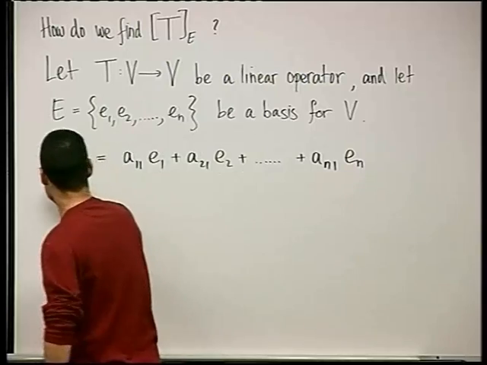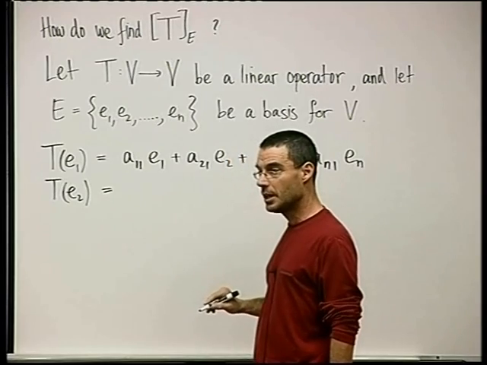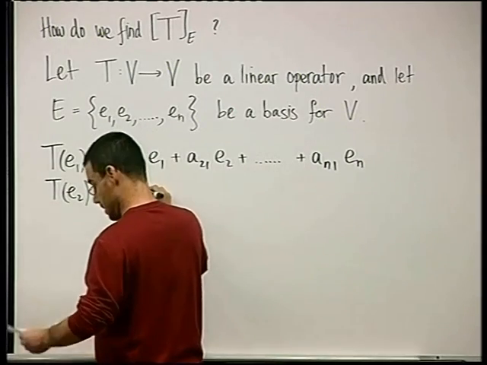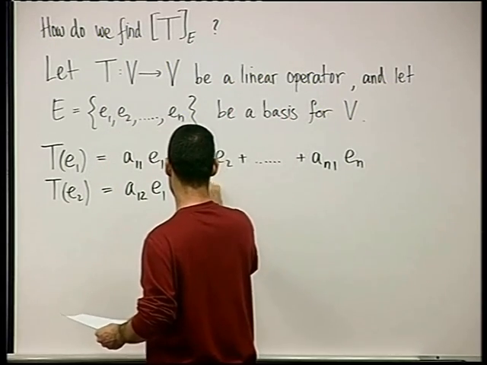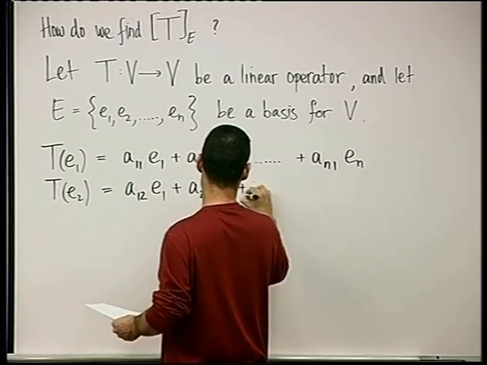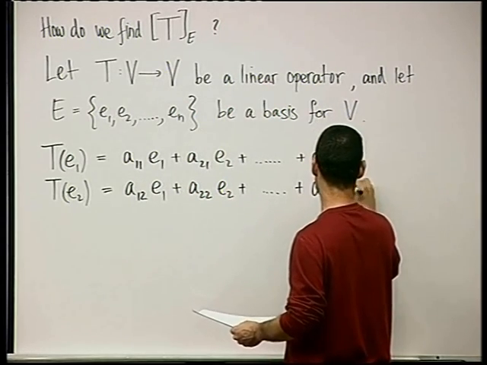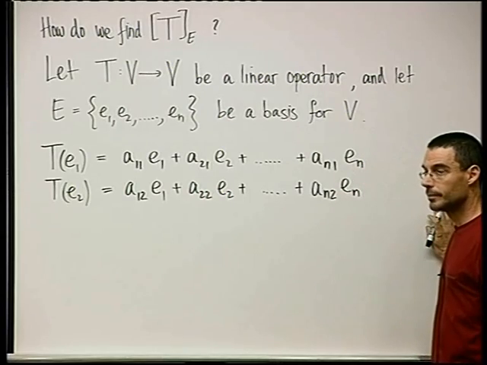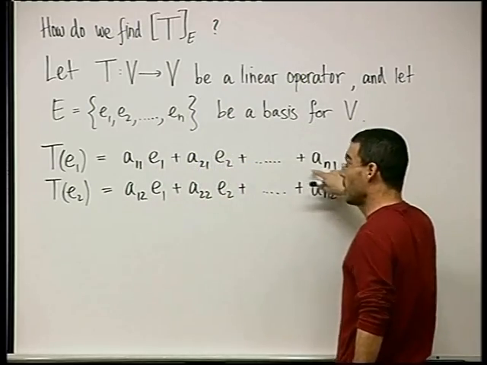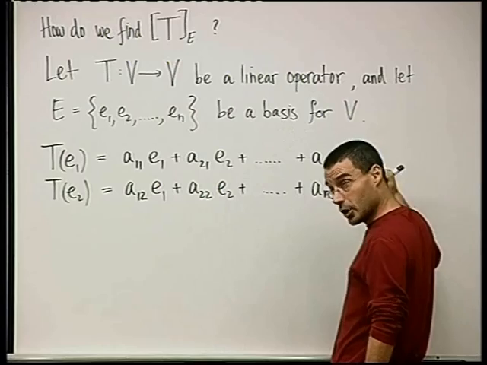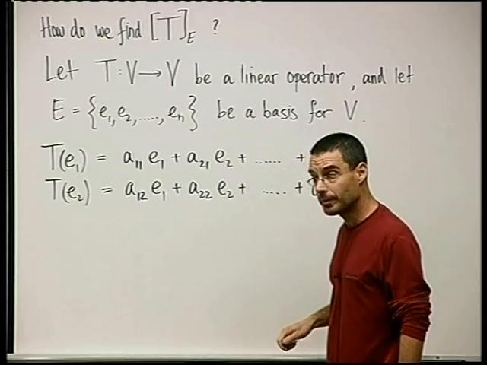Okay? Now do T of E2. T of E2 is again some linear combination of the EIs. So it's A12 E1 plus A22 E2 plus dot dot dot AN2 EN. Okay? So these A11, A21 up to AN1 are precisely the coefficients of T of E1 with respect to the basis E. Do you see that?